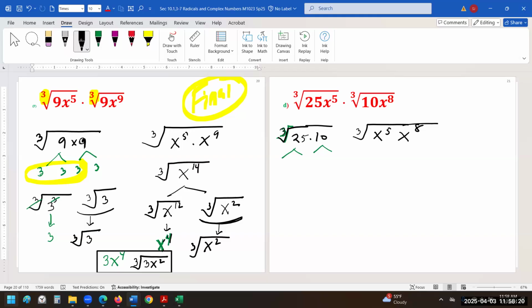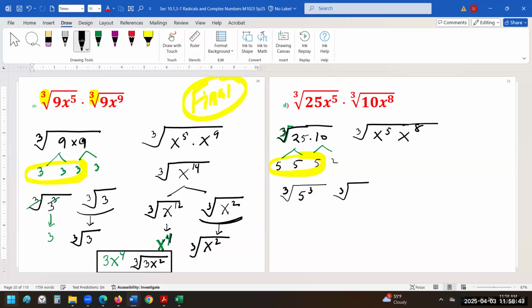25 is what two numbers? 5, 5. 10 is what two numbers? 2 and 5. Do you see the same number 3 times? Which number? 5. So you group them into one group. Cube root of 5 cube.